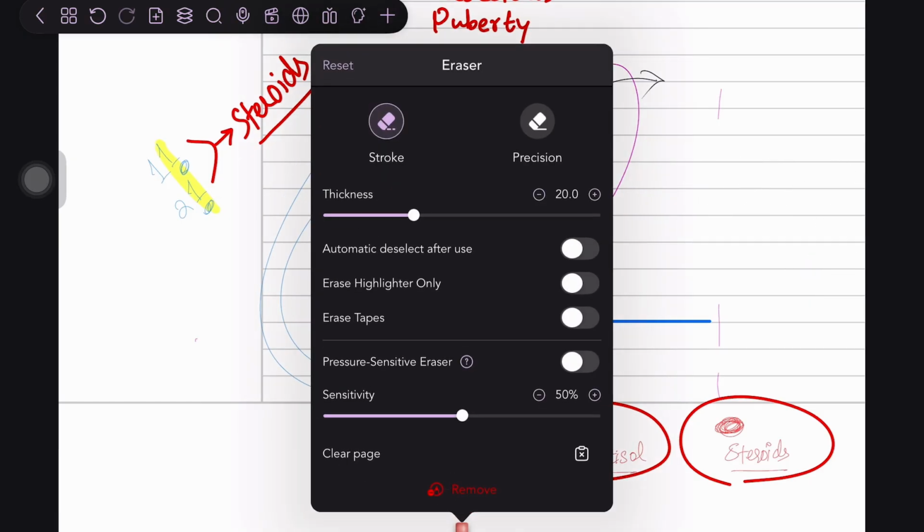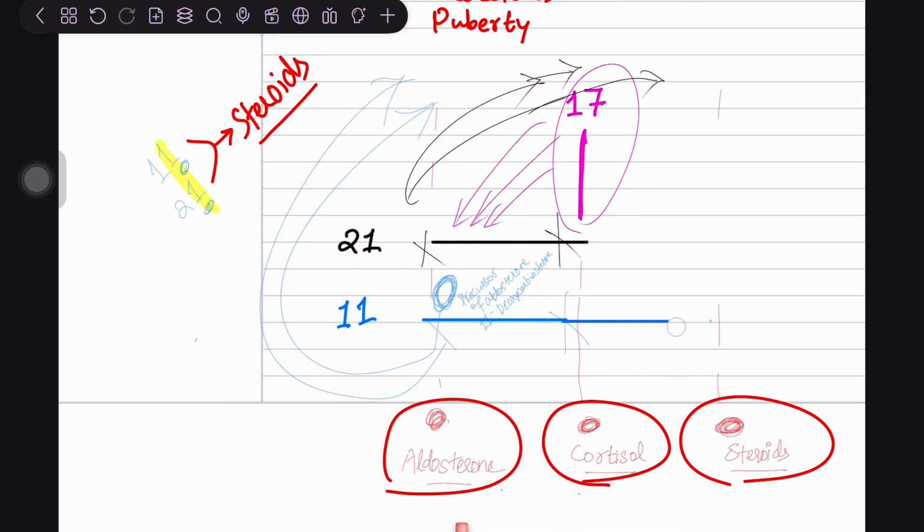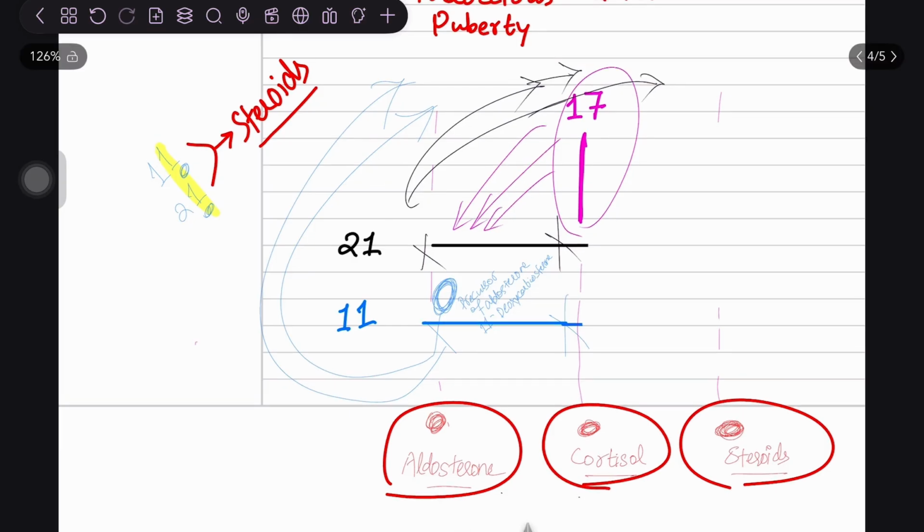Now, for 11, the major difference is 17 versus 11, and how you differentiate between them. Just remember one thing: 11 beta hydroxylase is a downstream enzyme, and 17 alpha hydroxylase is an upstream enzyme.